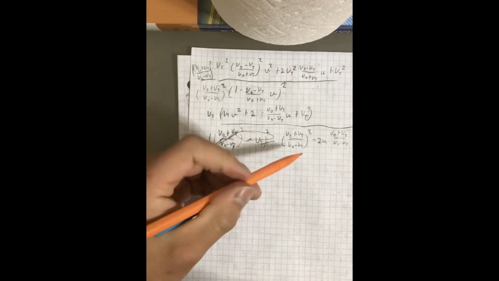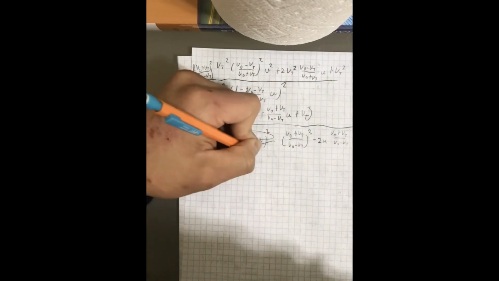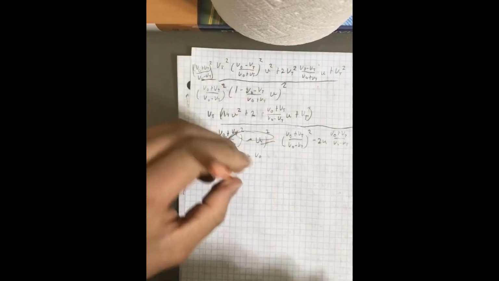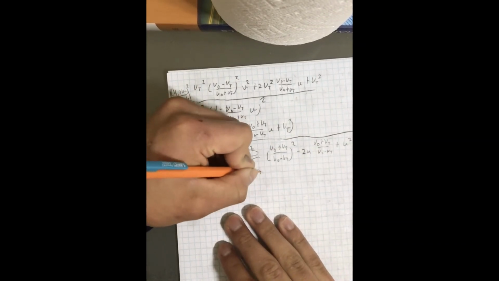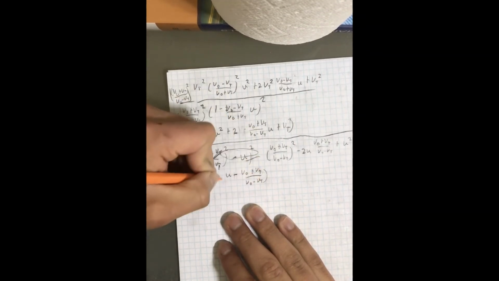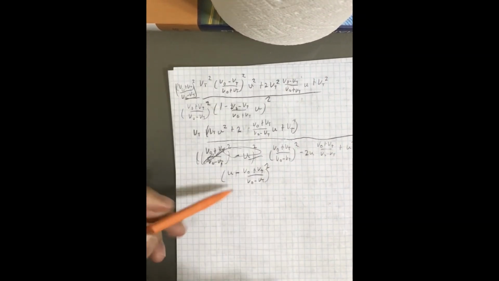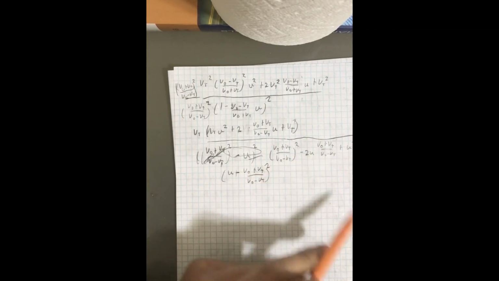Okay, so we're just going to have to refactor this again, which will just factor into u minus (V naught plus Vt over V naught minus Vt), and this is just going to be squared. And you should be able to see why that is.